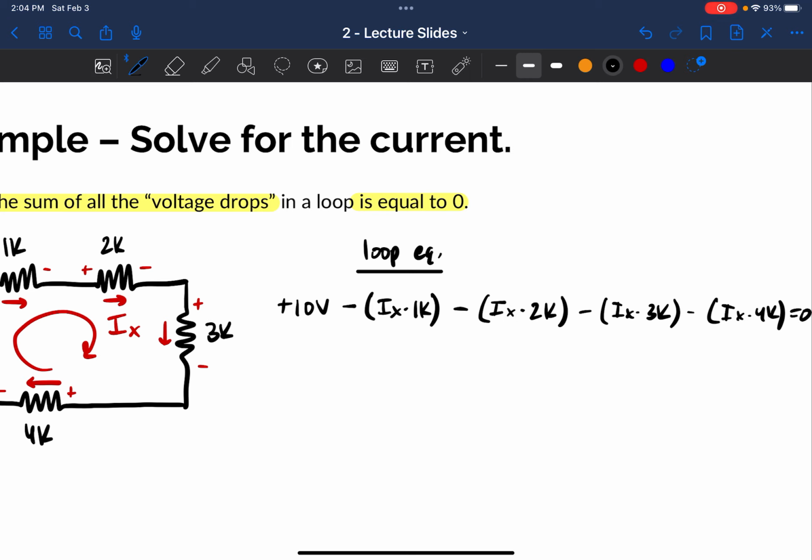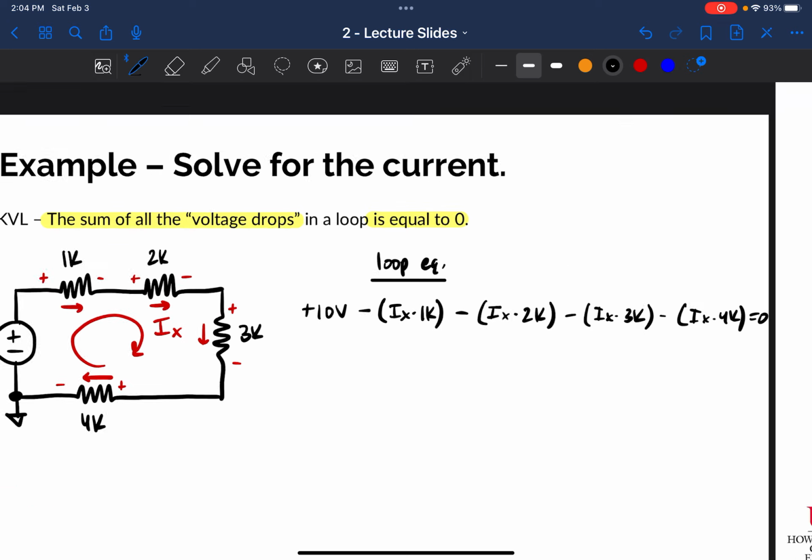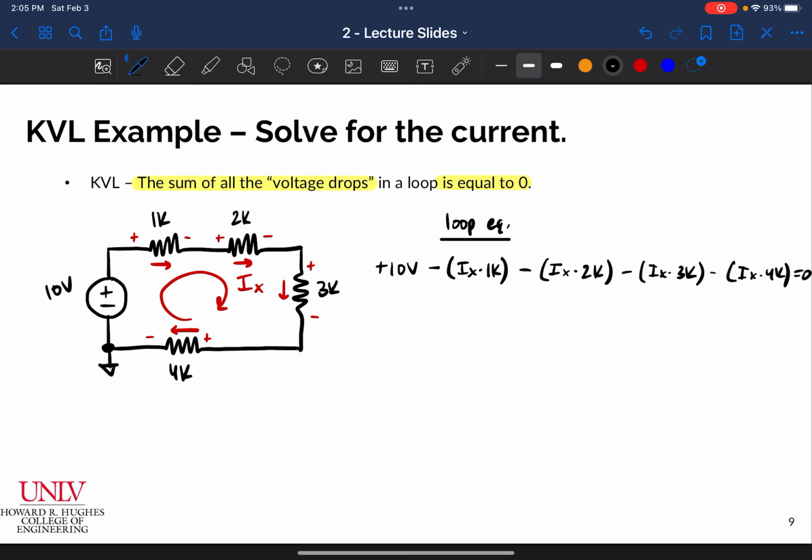From basic algebra, we can group the like terms. Our goal in this circuit is to find IX. What is the current IX? I'm also interested in finding this voltage, which we'll call VX. So my problem is to solve for IX and VX in the following circuit.